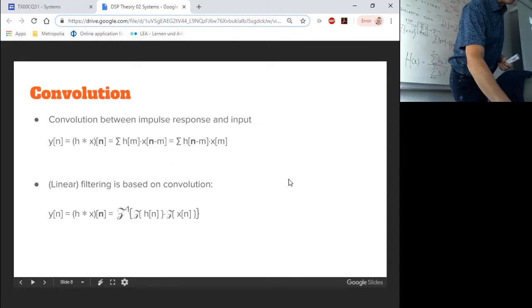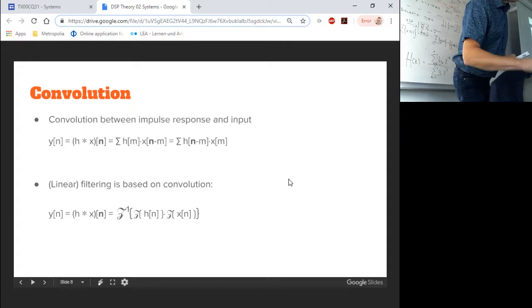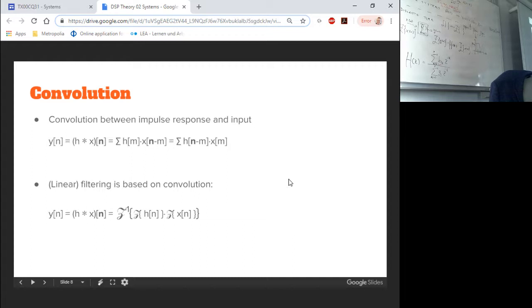Okay, let's see how far it is. All right, so Z transform, convolution. Convolution actually tells you this: this is how you calculate convolution in frequency space. It's a multiplication of the transfer function times Z transform of x of n.